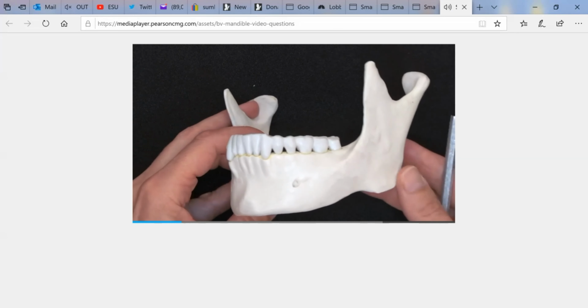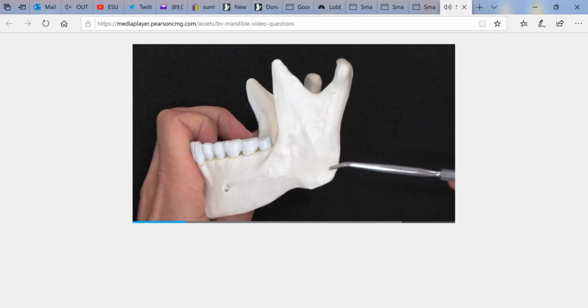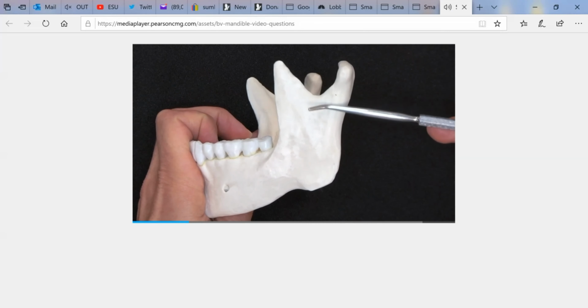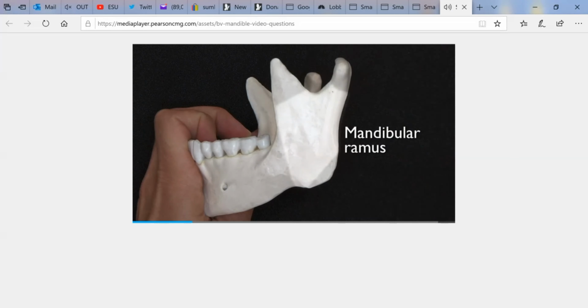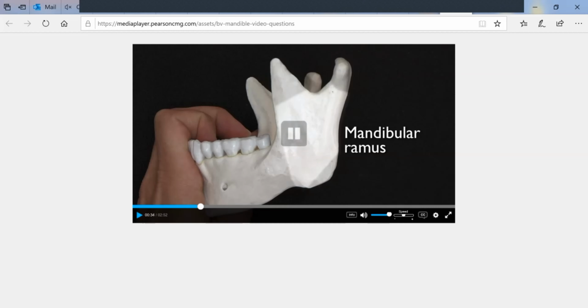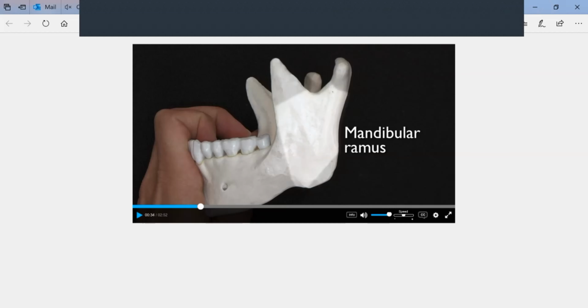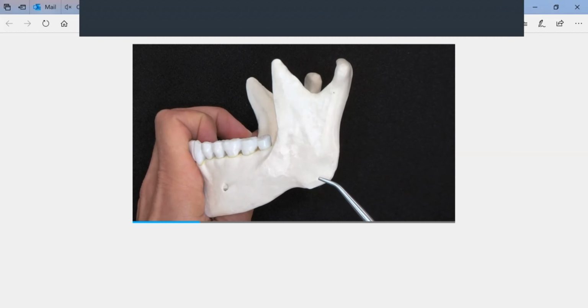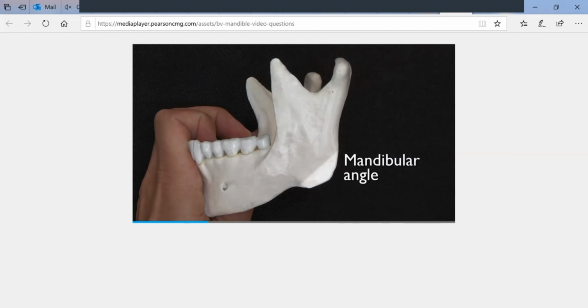The posterior regions that run in vertical planes are the mandibular rami. This is the left mandibular ramus. Now, ramus means bar-like, so it's like a bar-like structure. The mandibular body and ramus meet at the mandibular angle.